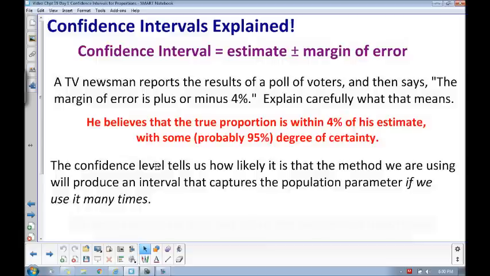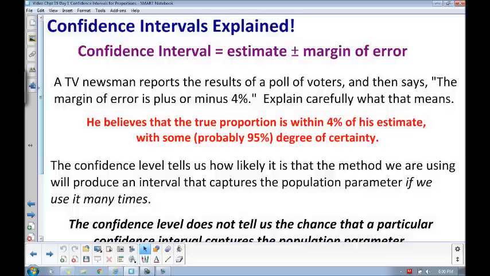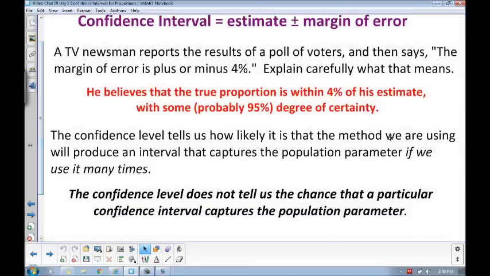A confidence level is talking about if I were to do multiple samples, how likely is it that each of my samples will contain the true parameter, the true proportion, the true mean. So the confidence level does not tell us the chance that a particular confidence interval captures the population parameter.